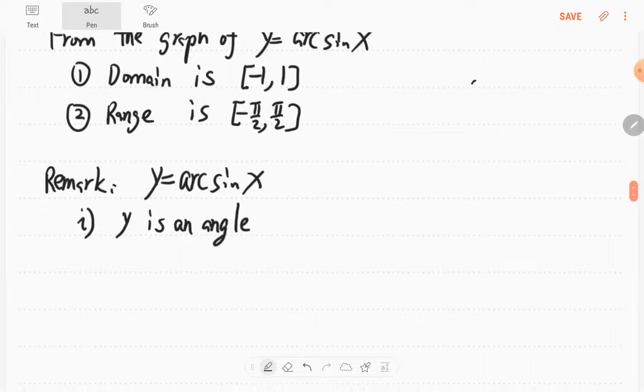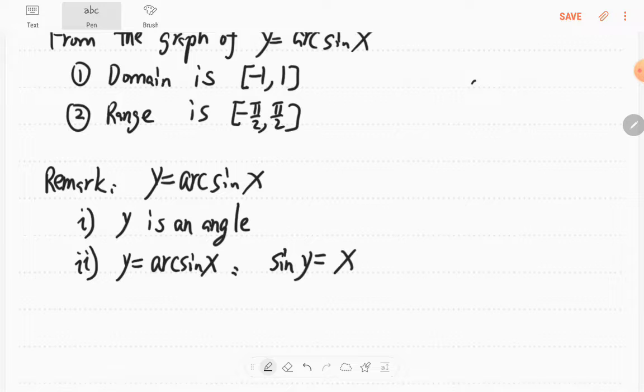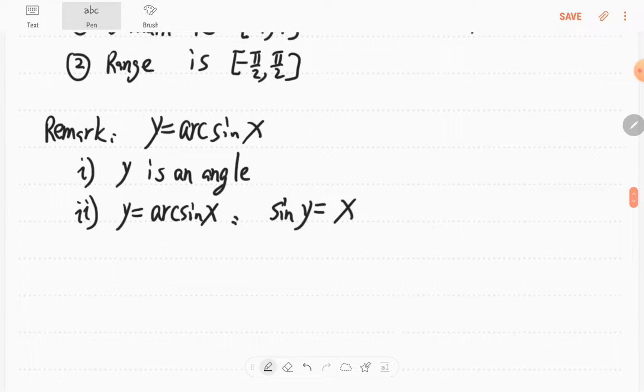Second, y equals arc sine x means sine of y should be equal to x, because y is an angle whose sine value equals x. The third one, this y is the range, which is from negative pi over 2 to pi over 2.